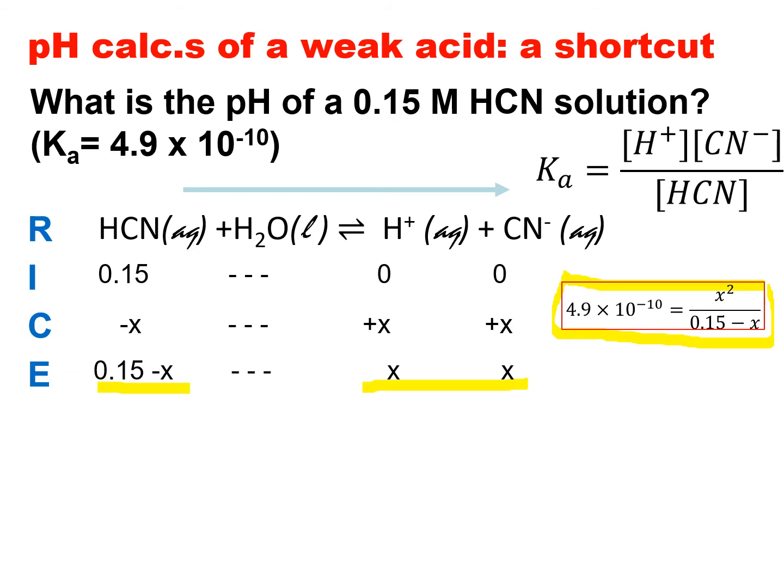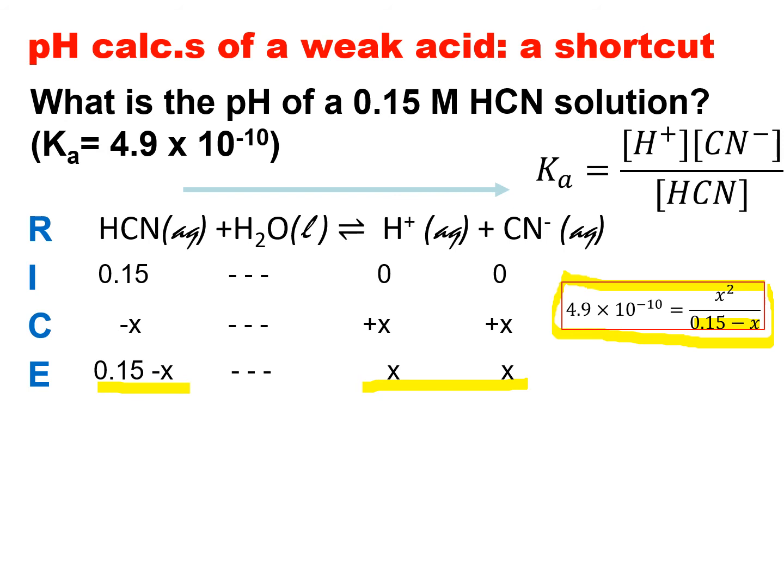We expect that X is going to be a very small number. So if we take away X from 0.15, that should be a minimal change in that denominator. So maybe we could simplify our life and assume that 0.15 minus X is almost the same as 0.15.